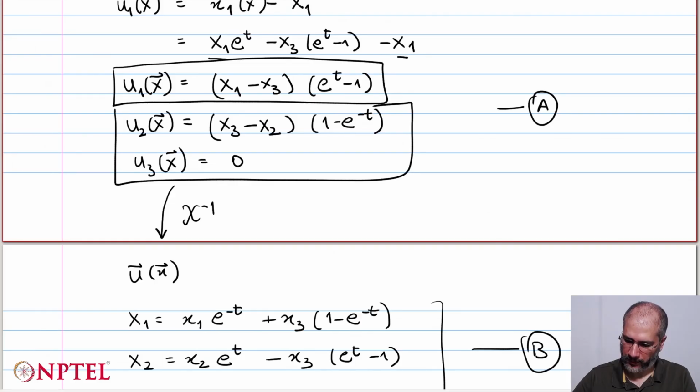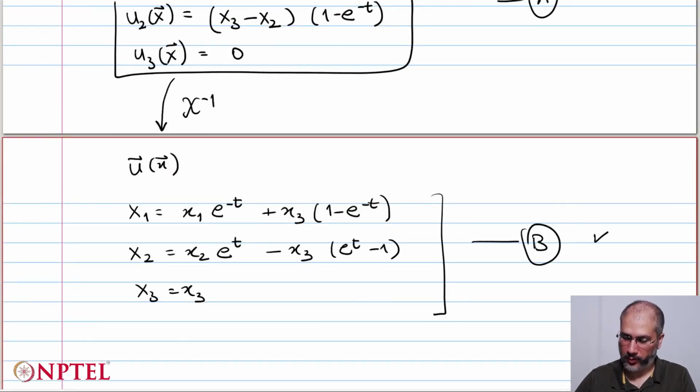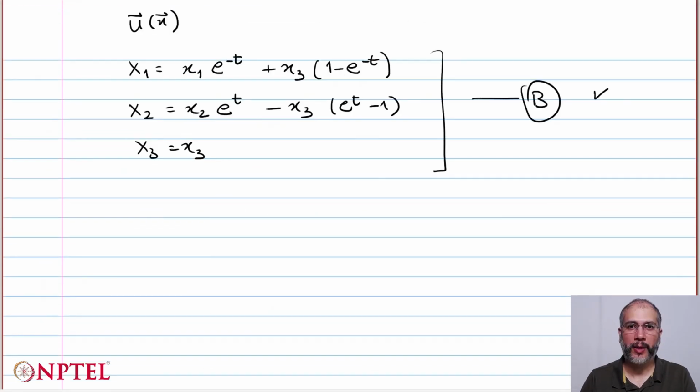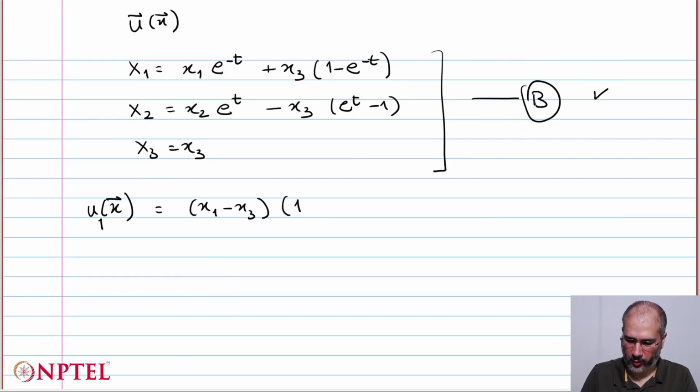Now using A, which is the Lagrangian description of displacement field, and B, which is the chi inverse function, we can now express the displacement field in the Eulerian description by simply substituting for capital X1, capital X2, and capital X3 in the Lagrangian description of displacement field U. And this will give us U1 as small x1 minus small x3 times 1 minus e to the power of minus t, and the following expressions for U2 and U3.